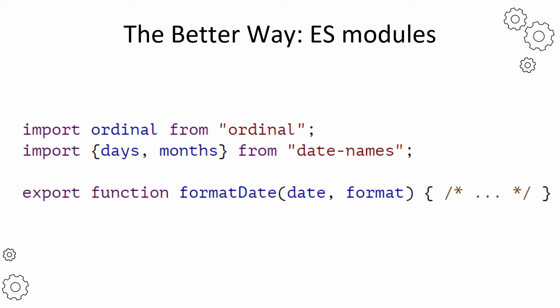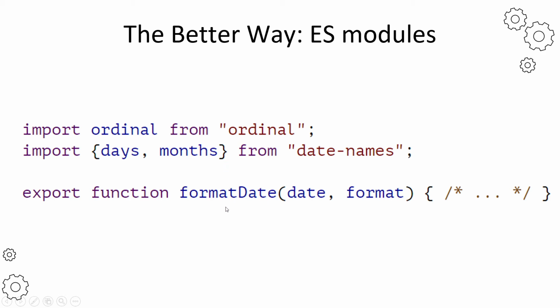It's very similar to CommonJS, but instead of require, it uses the keyword import to import your dependencies. So as you can see here, it's very similar. You just import ordinal from ordinal, right? And then in the second part, we have some functions from the module we are importing. We just need some of the functions, so we use this structure.